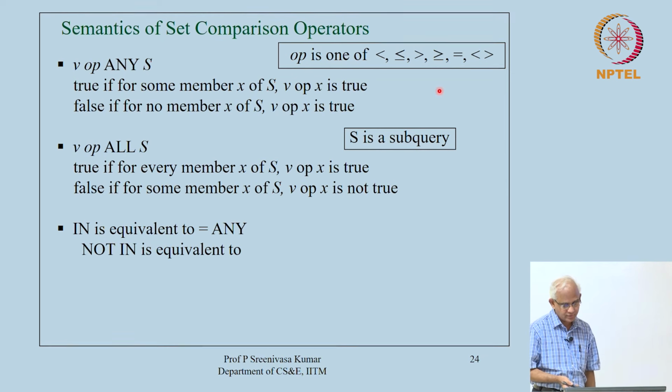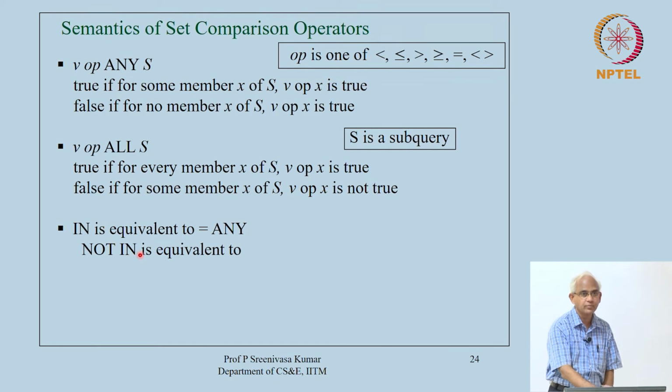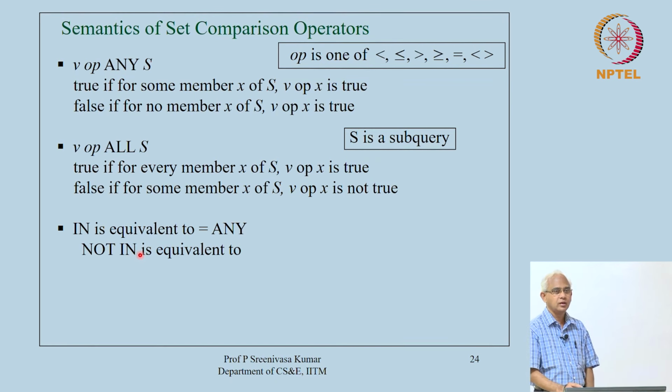Okay, let us see, not equal to any will serve the purpose of not in? Not equal to any will be true if for some member x, V not equal to x is true.